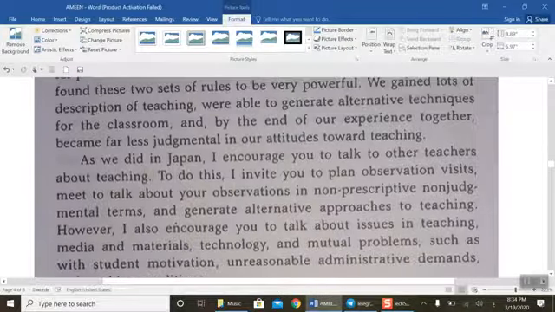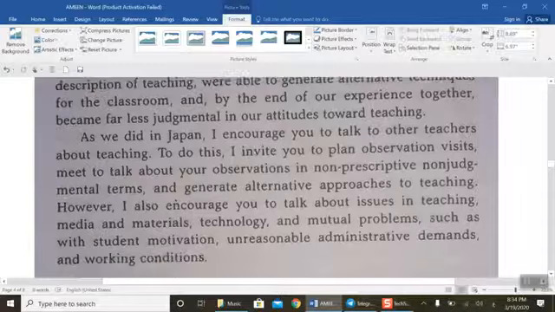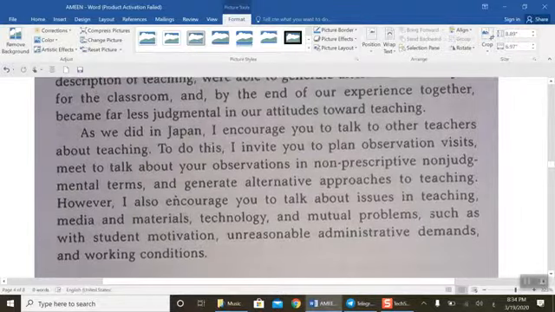You see here, as we did in Japan, the writer addresses the reader: I encourage you to talk to other teachers about teaching, to do this. He will summarize all these ideas for us. I invite you to plan observation visits and to talk about your observation in non-prescriptive, non-judgmental terms and generate alternative approaches to teaching.